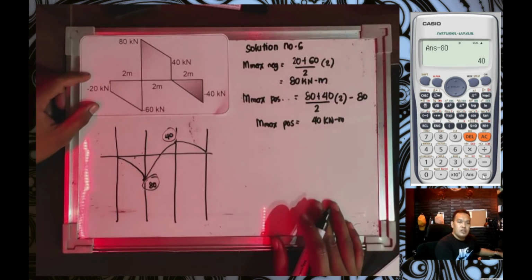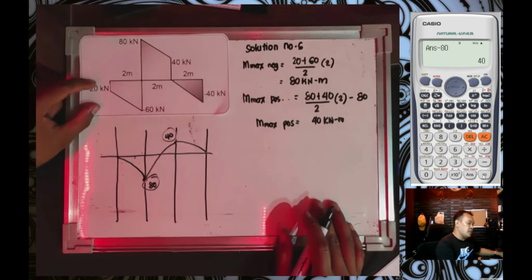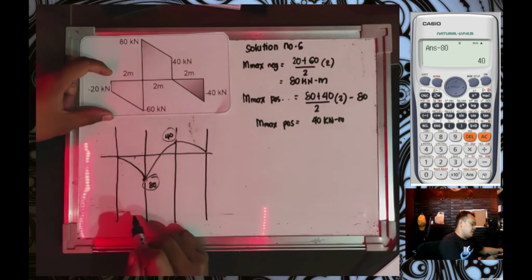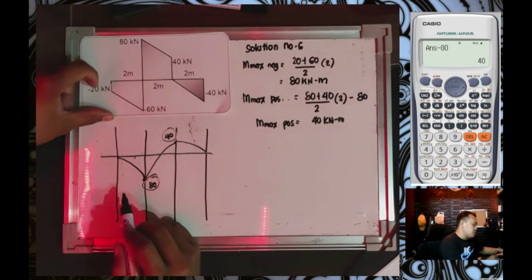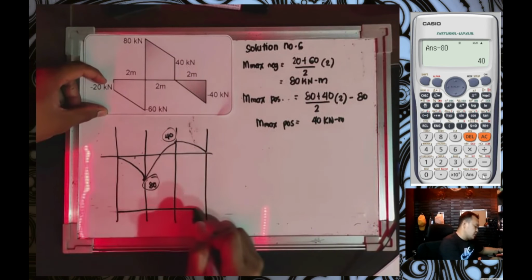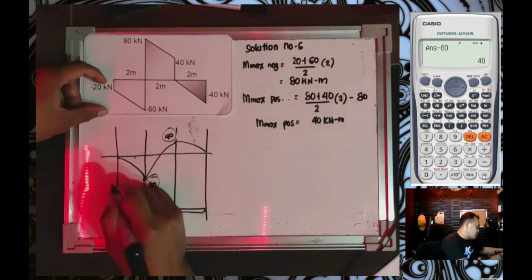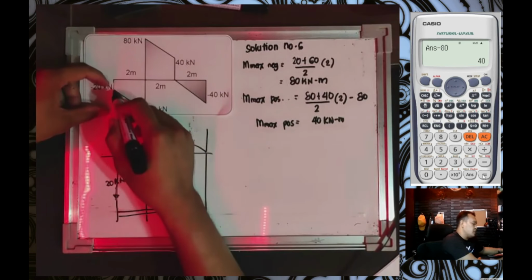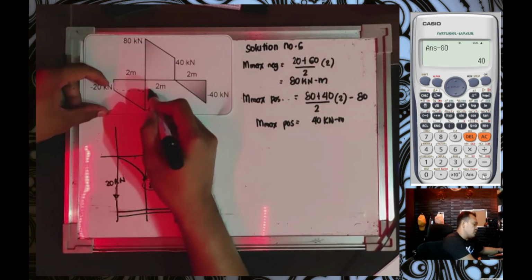For the load diagram naman, pwede mong kunin yung triangle nitong dito. Makukuha mo, may 20 na pataas to, pababa to. Kapag i-convert natin siya into load diagram, meron akong 20 na concentrated dito, plus itong nandito, so magkakaroon ka ng 40.